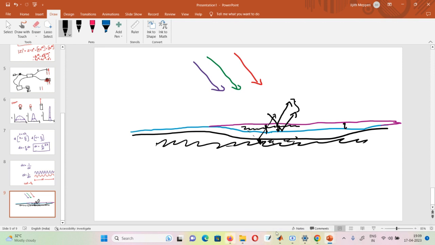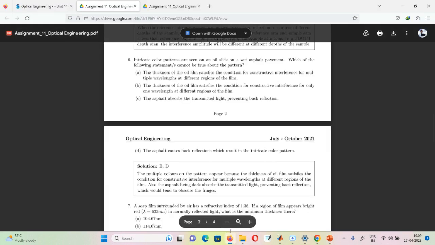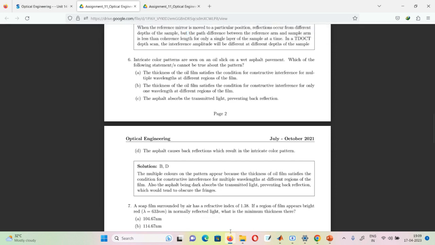So you have to choose option D. Here they say the asphalt causes back reflection which results in the intricate color pattern. Actually, if asphalt is reflecting, then you will get a less intense colored pattern.